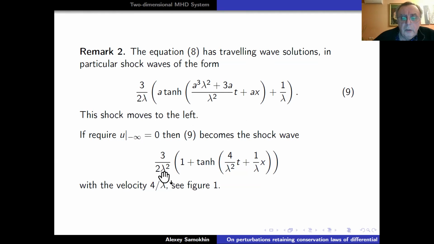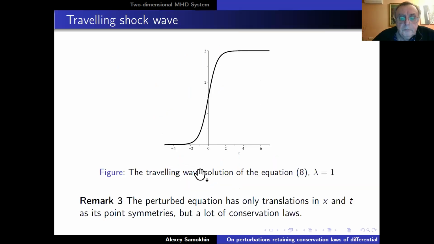Then the traveling wave solution is only one for each value of lambda. Here it is.